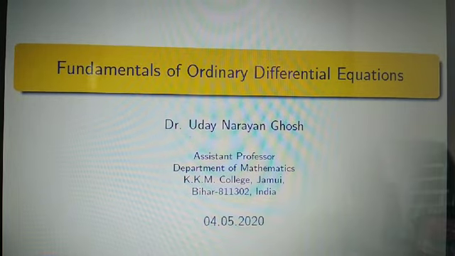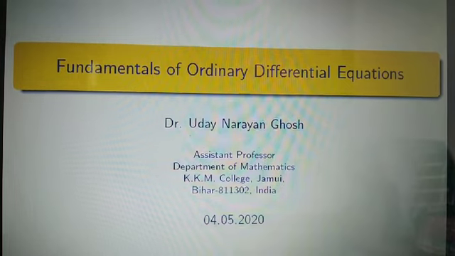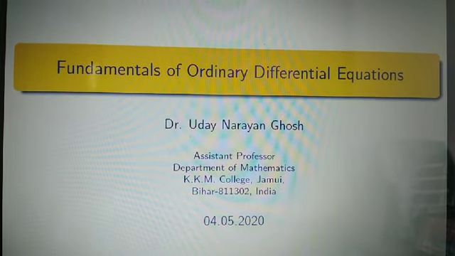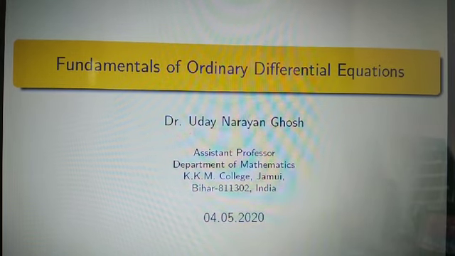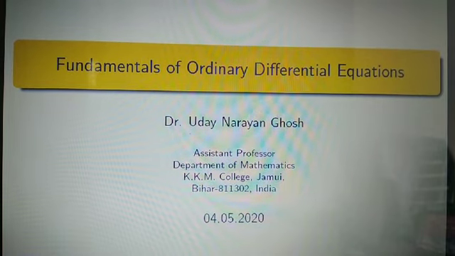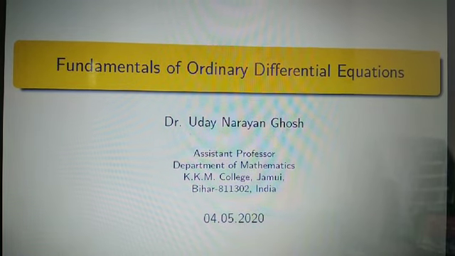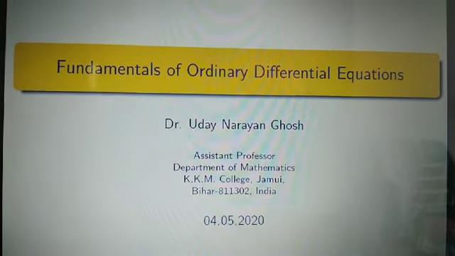That's why, once we can realize the existence and uniqueness of a first order ordinary differential equation, we can examine the existence and uniqueness of the nth order differential equation. That's why we have chosen the first order differential equation.